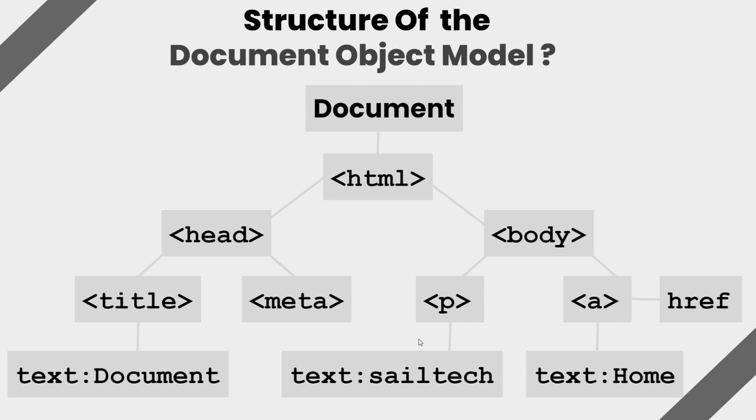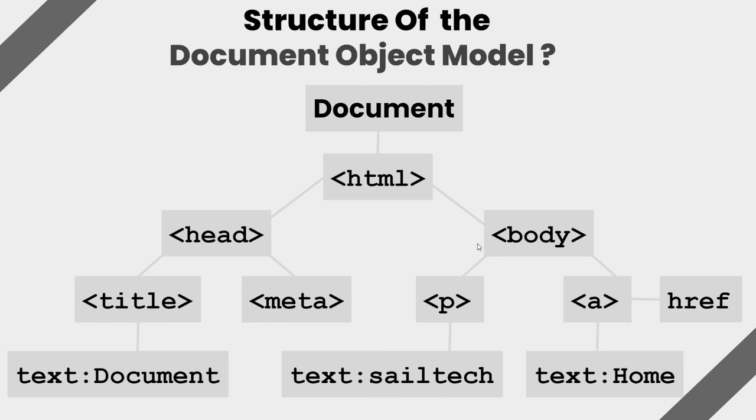So going over the DOM again, we begin with the HTML page itself, which is this document here at the first level. Next, we have the HTML tag, which is the highest tag in terms of the entire structure of your HTML elements. Then we have the head and the body.